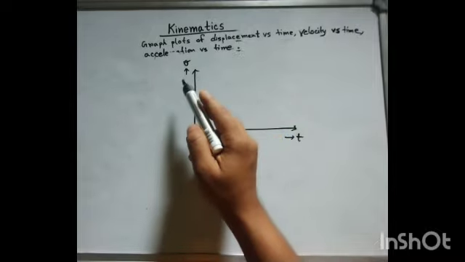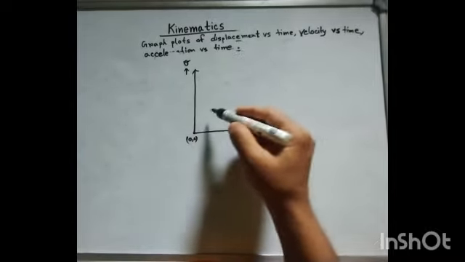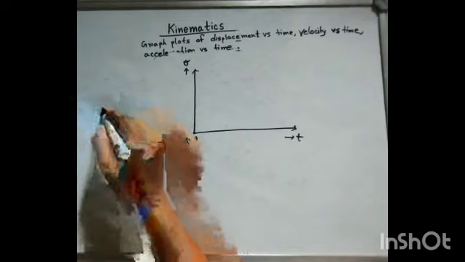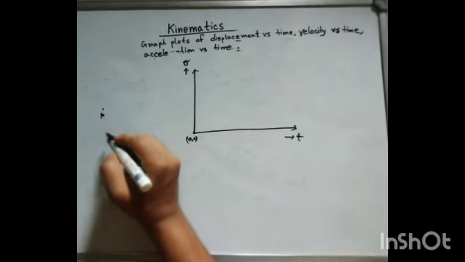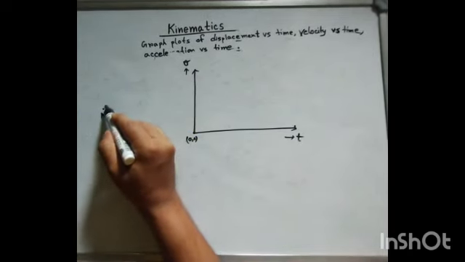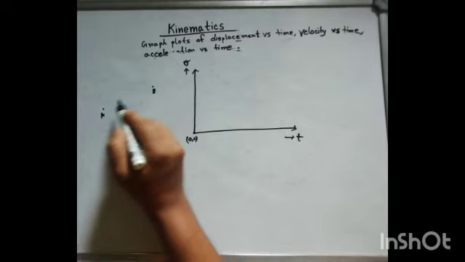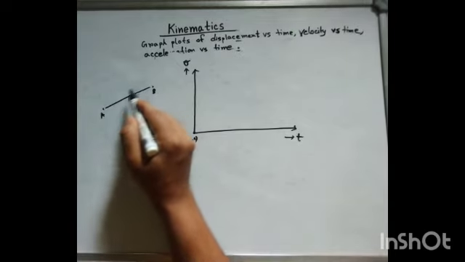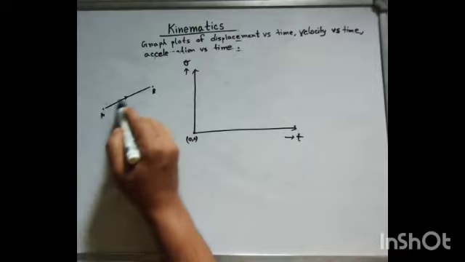So now suppose at a point I am at my initial position, and I reach B at a uniform speed. Always my speed was uniform.